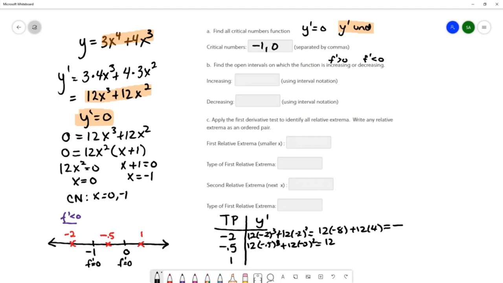I think it's 0.12 something, but let's double check. 0.5 cubed is 0.125, and that's going to be plus 12 times 0.5 squared. 0.5 squared will be 0.25.